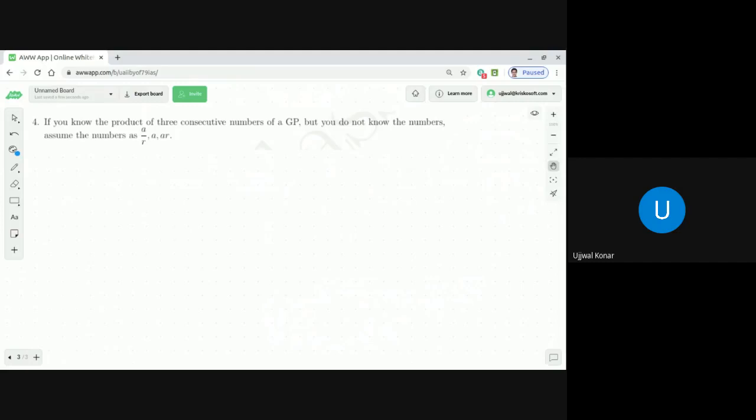So what the sum is in arithmetic progression is actually a kind of product in geometric progression. So if you know the product of three consecutive numbers of a GP, but you do not know the numbers, assume the numbers as A by R, A, and AR. Correct, dear students? Clear? Absolutely clear? Yes.